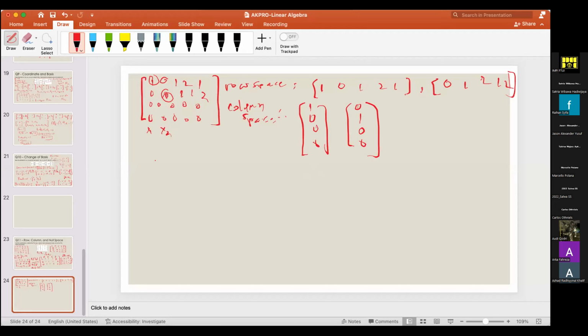And finally, we'll deal with the null space. The null space is the solution space of AX equals B. And this is your solution space.